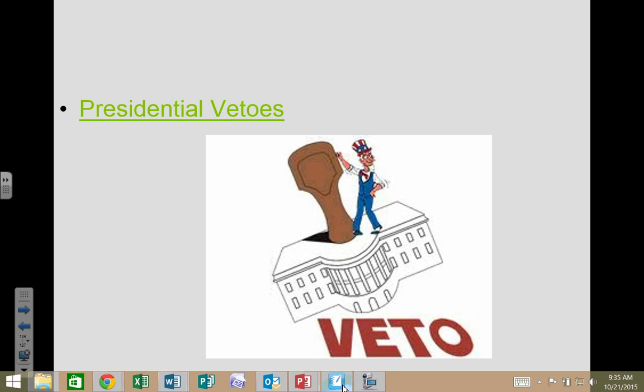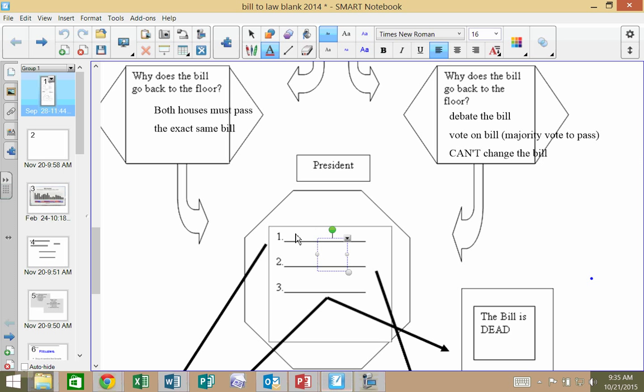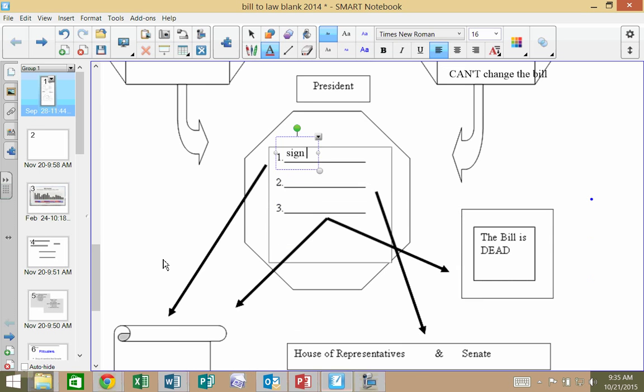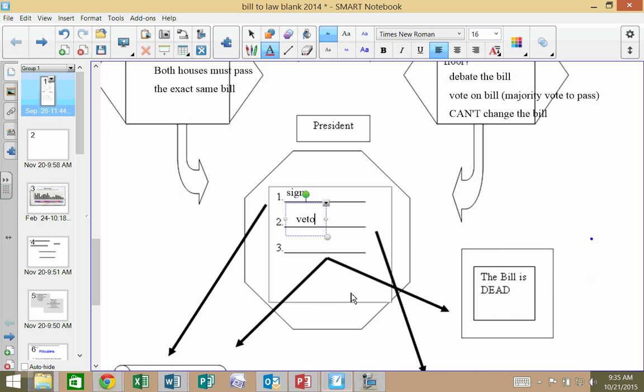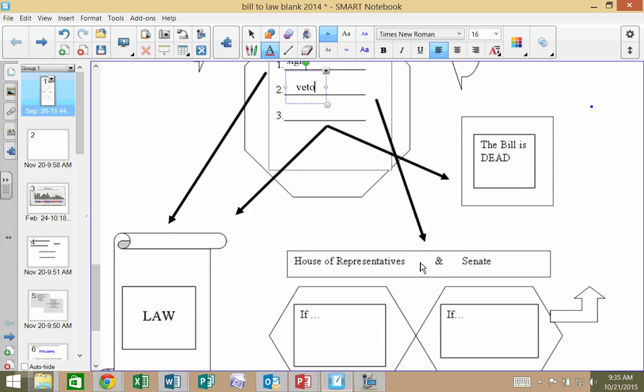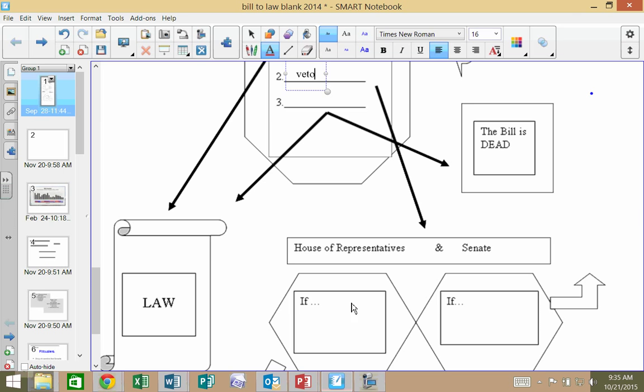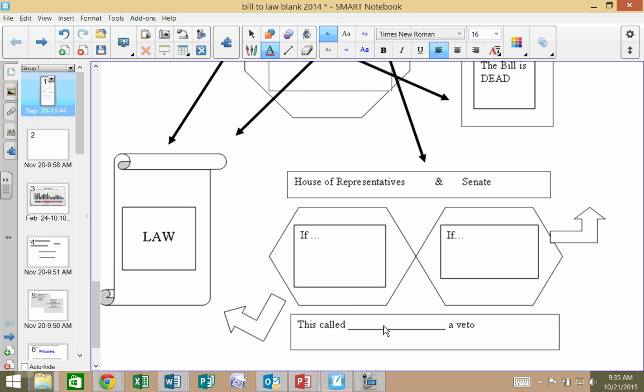So if we go back to this, the president's options are to sign the bill. And if the president signs the bill, then that bill becomes law. Another option the president has is to veto the bill. If the president vetoes the bill, that bill then has to pass both the House and the Senate. This is known as overriding a veto.